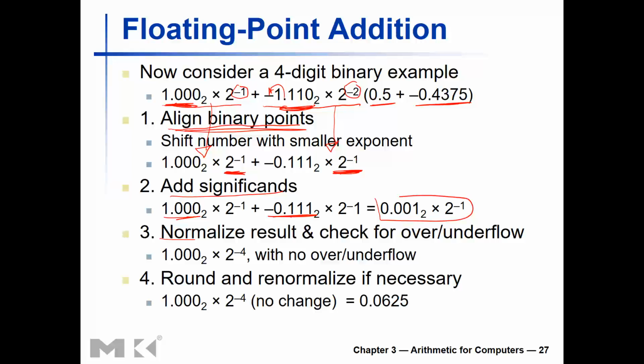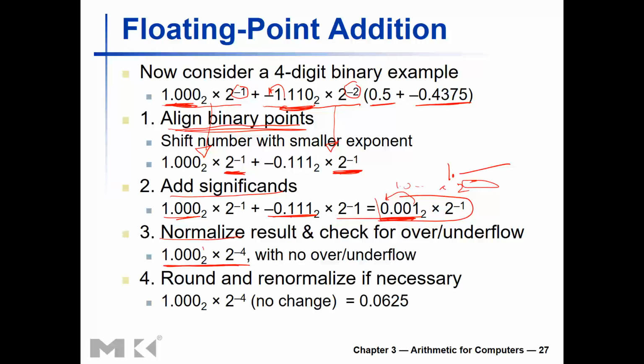Now, step 3, we have to normalize. Whenever you add and multiply, you will end up with a non-normalized number, and we know the normalized form is 1 dot something. Now this is not 1 dot something. We need to normalize, which means we have to make it 1 point something, and we change the exponent. So we normalize this, and this becomes the number. Now, sometimes we need to round.